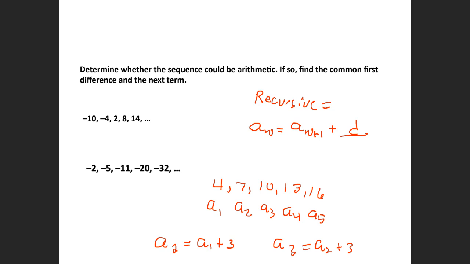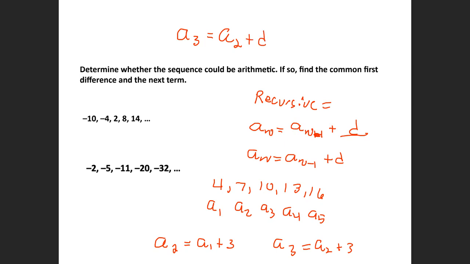But that would be awfully hard to write an equation like that. So what we do is we just say our recursive formula is a sub n plus 1 plus d. I'm sorry, it's going to be n minus 1. So a sub n is going to equal a sub n minus 1 plus d. So if I wanted to find a sub 3, I put 3 in here, so that would give me a sub 3 minus 1, which would be a sub 2, plus d.